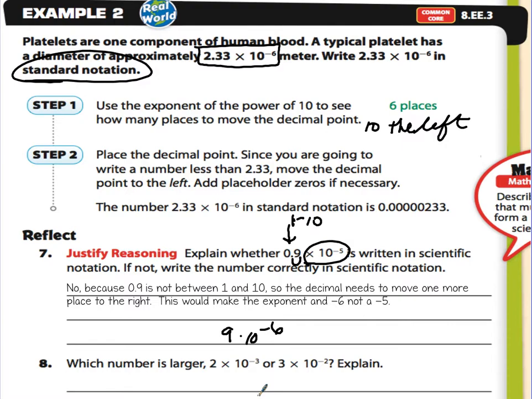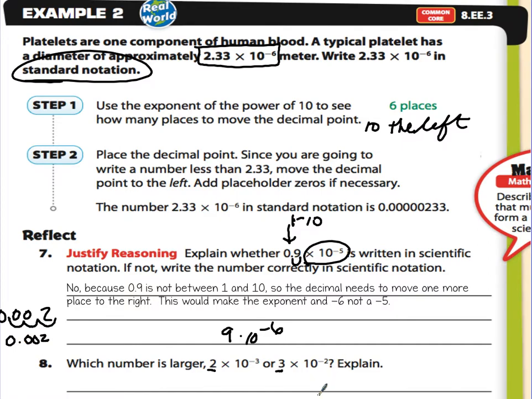So now, which number is larger? 2 times 10 to the negative third or 3 times 10 to the negative 2? In this case, you can't just look at your whole number because you have it multiplied by a power of 10. So let's look at this logically. If I have to move this 3 places to the left, that means this 2 becomes 0.002, or 2 thousandths.